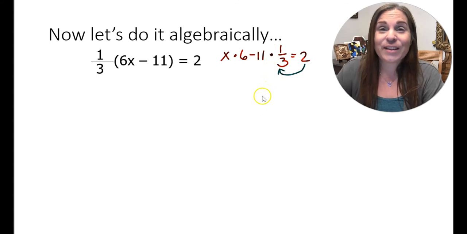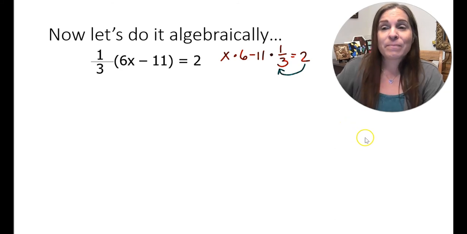Now, I need you to think about what we did just like a few lessons ago, a few videos ago. We know that in order to undo the multiplication, we have to use division. And how do we divide by a fraction?